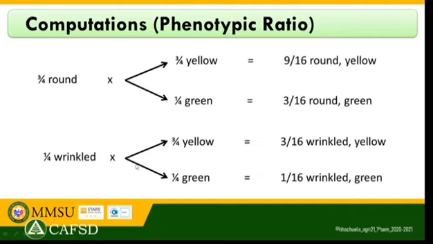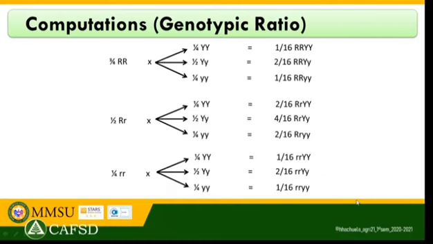And then 1/4 wrinkled times 1/4 green, we produce 1/16 wrinkled green, with a total equal to 1. So if you do this, please get the sum. And if the sum is equal to 1, you are sure that there's a possibility that your computation is correct. Okay? Because 9, 3, 3, 1, we add that, 16/16, that is equal to 1.